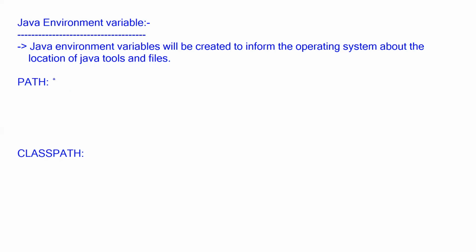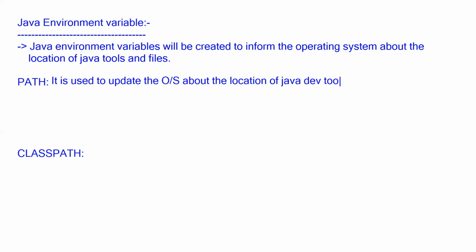Path is an environment variable used to update the operating system about the location of Java development tools like javac, javap, etc.